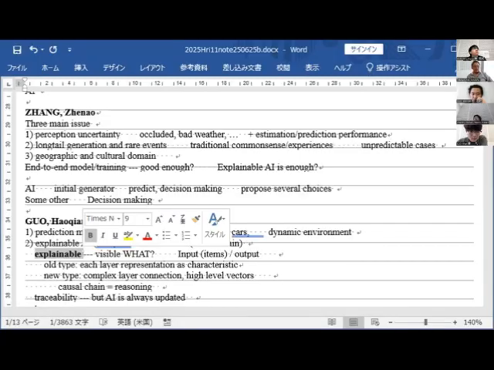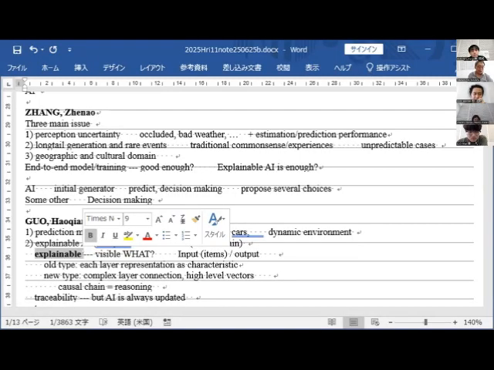Actually, the reasoning part is just AI, especially the chat AI, giving the description of their decision process. However, it is still a kind of output, so it would still face the long tail problems.